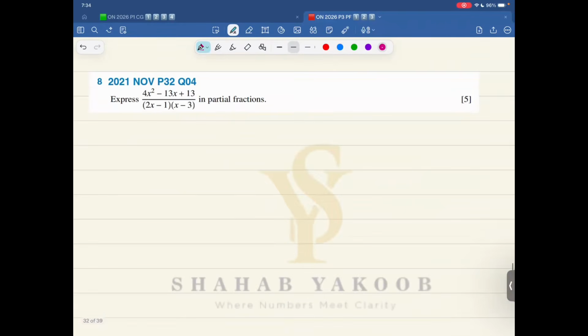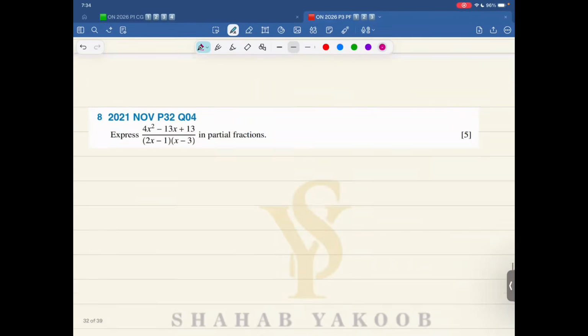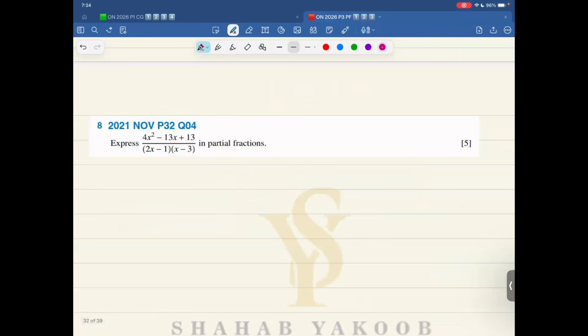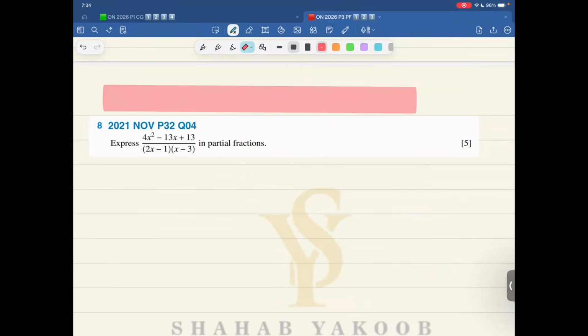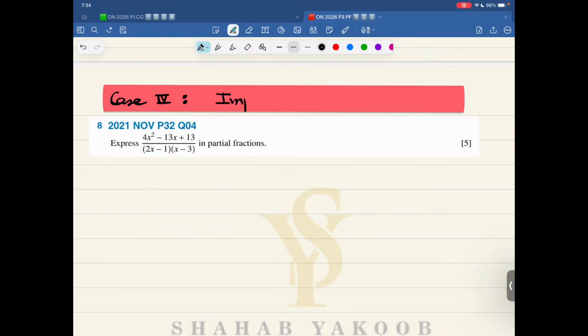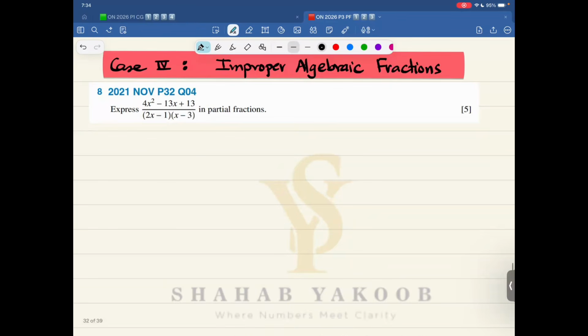So now let's look at this. How can I apply this to partial fractions? Now, when we talk about partial fractions, this is case number 4 of partial fractions. That is improper algebraic fractions. So when it's improper algebraic fractions, there are two possibilities.